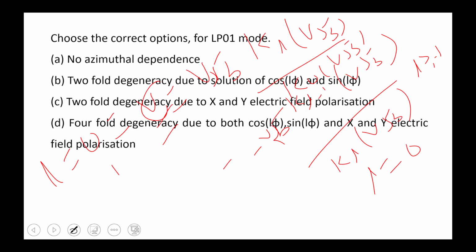You can calculate this through the code. So the answer is: one is no azimuthal dependence, and one is the two-fold degeneration due to X and Y electric field polarizations.